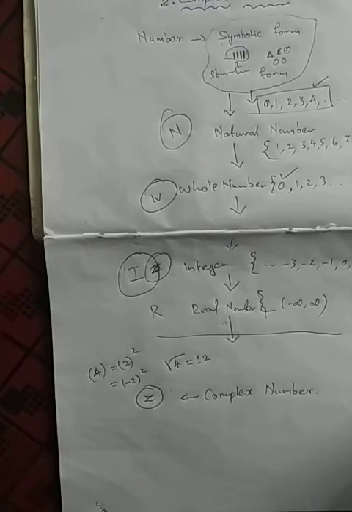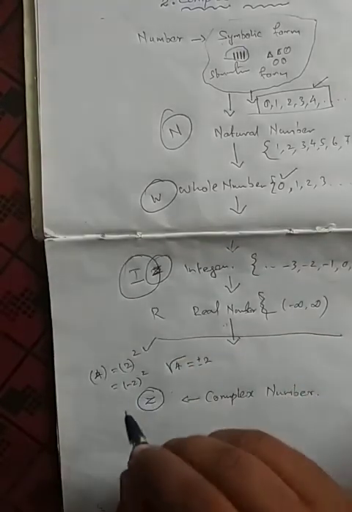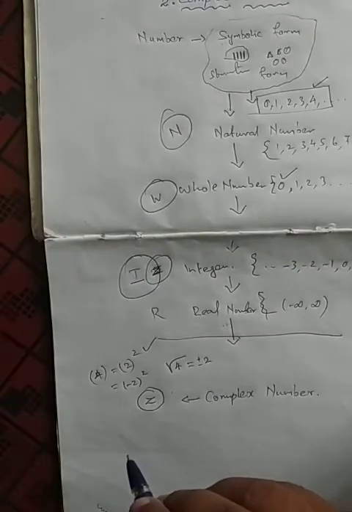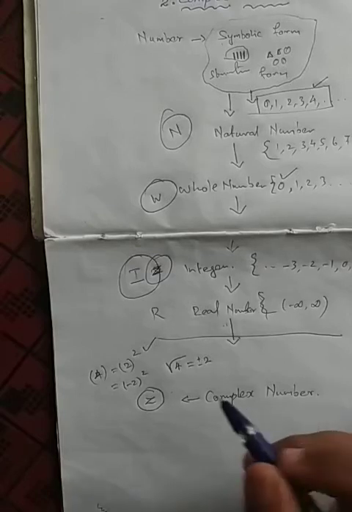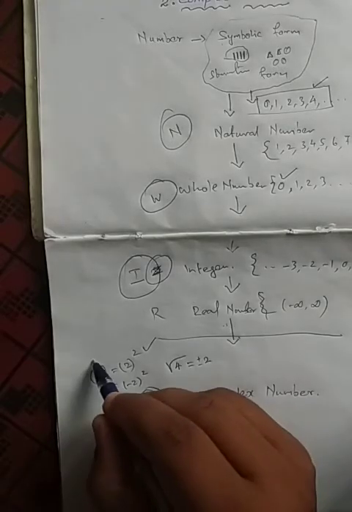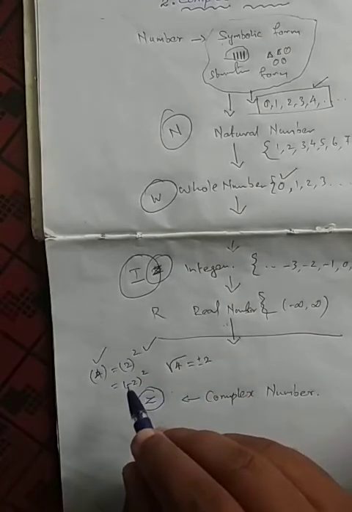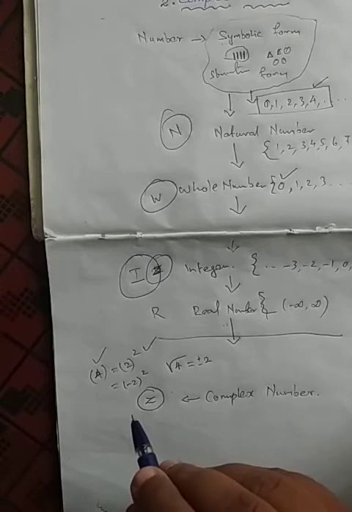Same thing, minus 2 squared also we can write, and that value is also 4, isn't it? 2 into 2, 4. And minus 2 is how you write it? Minus 2 into minus 2. First multiply the signs, minus into minus becomes plus, then 2 into 2 is 4. So this 4 we got either from 2 squared or from minus 2 whole squared.